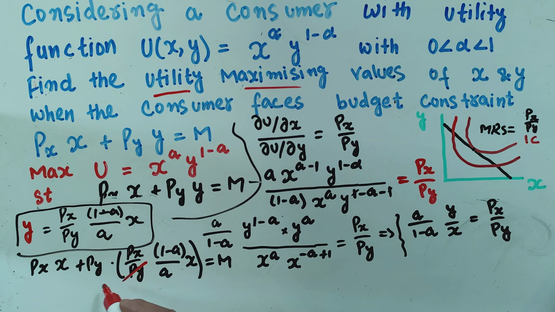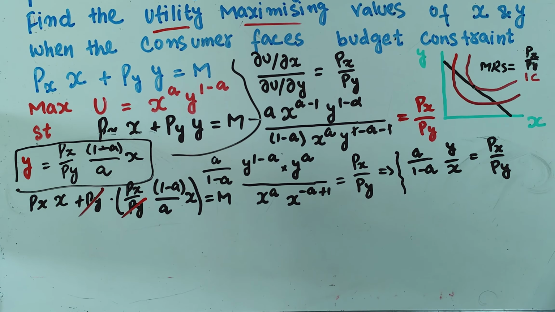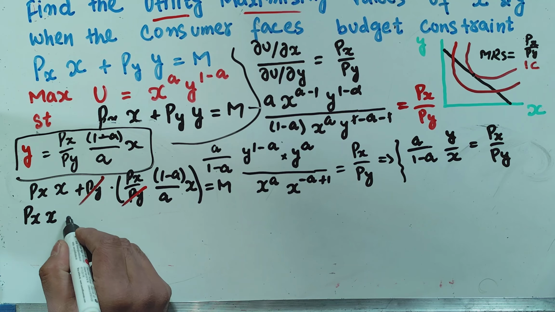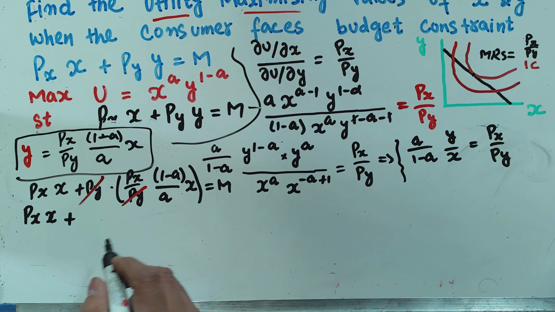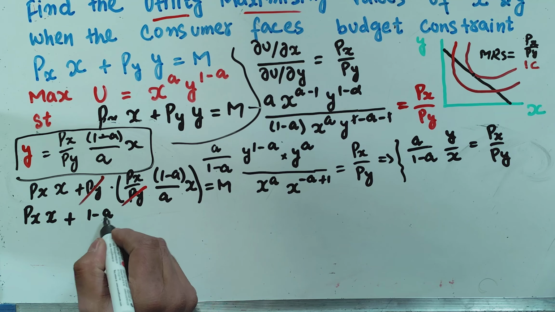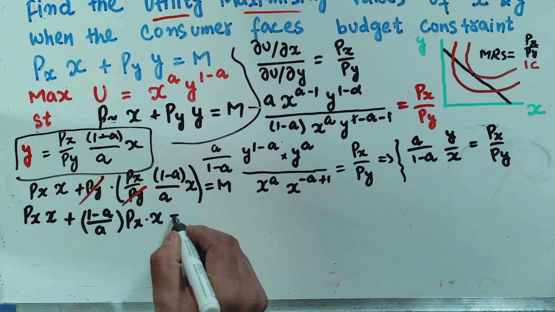So py gets cancelled. Here we are left with x, or if I rewrite it, I have to be very cautious. I don't have the space, so let me make some space. So we have p of x into x plus 1 minus a divided by a times p of x into x should be equal to m.